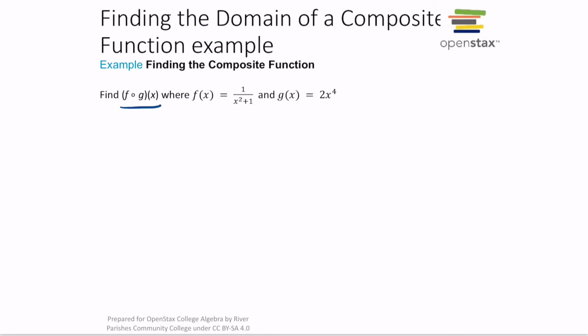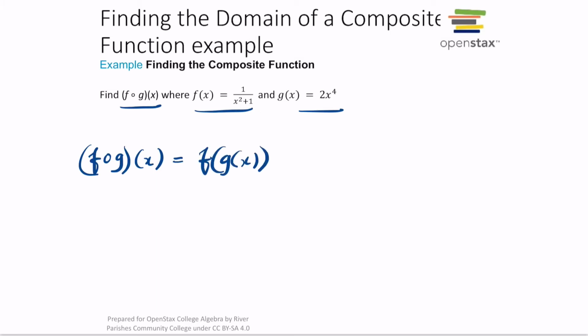Now let's try this problem here. So you have f of x and g of x. They are asking us to find f circle g. So this symbol here is represented as a circle, right? So we say it as a circle. So f circle g of x can be written as f of g of x. The one that is later will be engulfed by the first function.